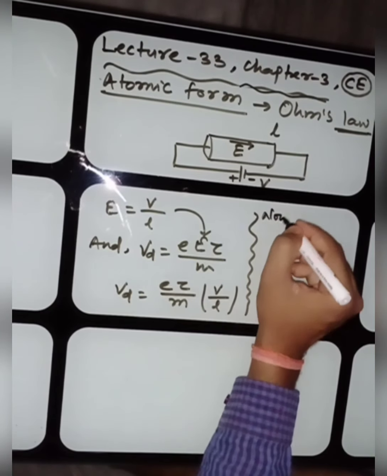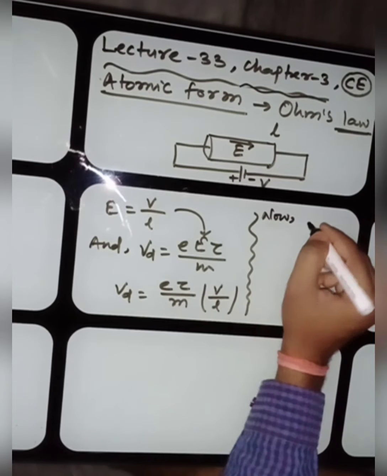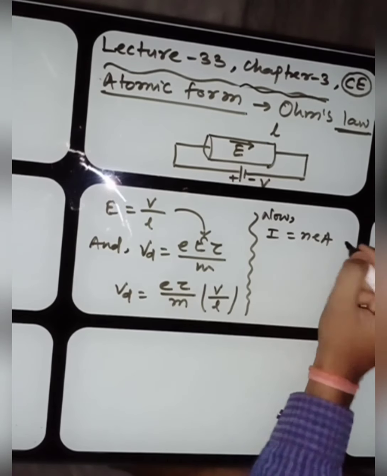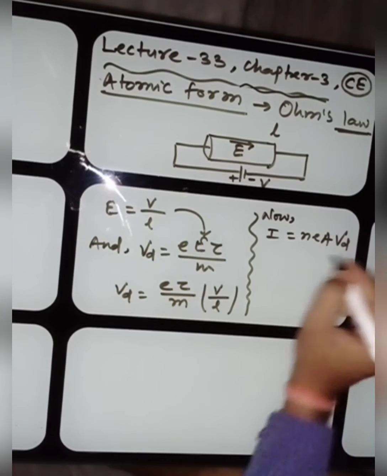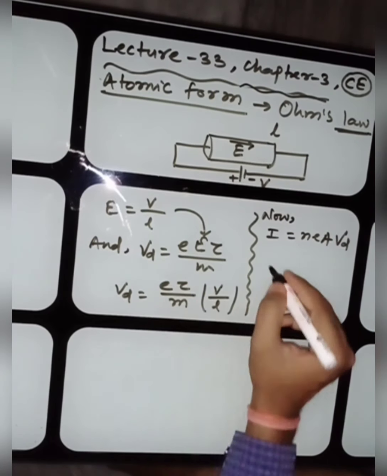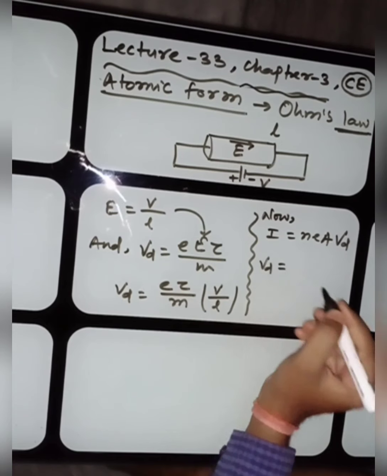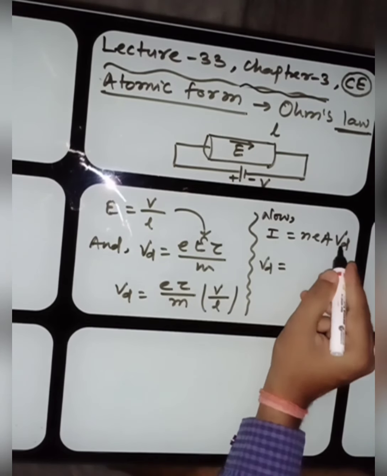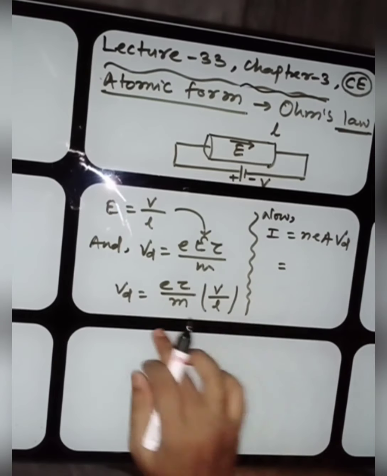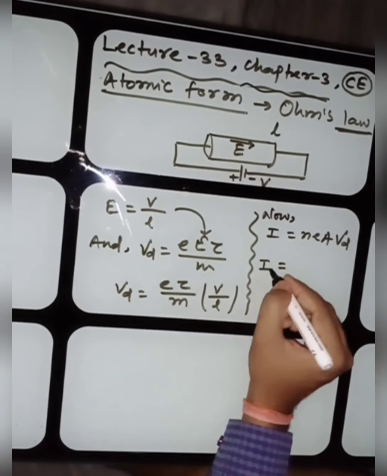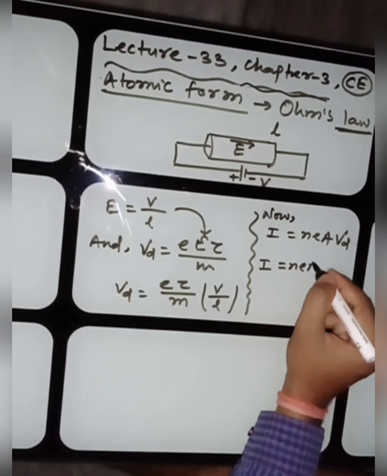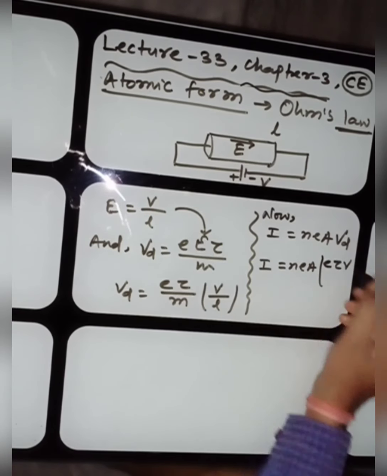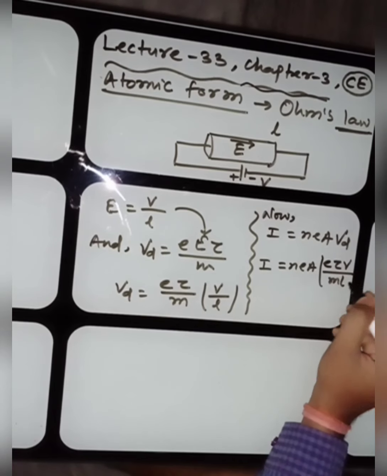Now we know that I is equal to nAevd. Hope you remember. Then this vd can be written by putting this value of vd in this equation. I is nAe and vd can be written as eτV by mL.